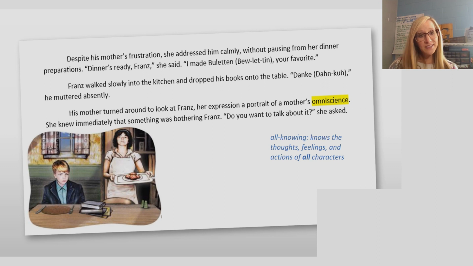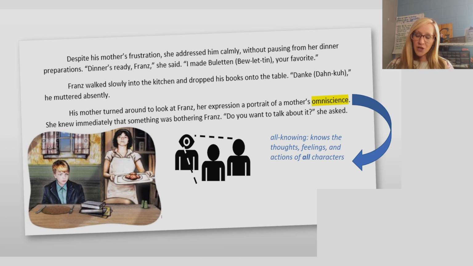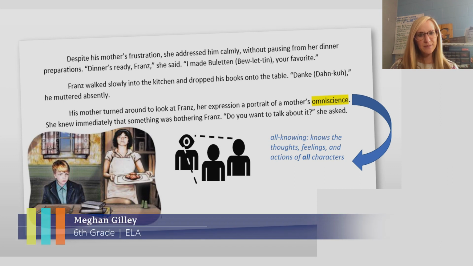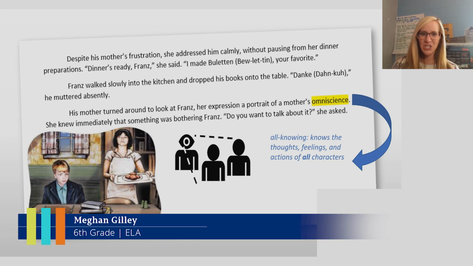Were you thinking about the lessons you've had on point of view? I was. Remember, third person omniscient point of view is when the narrator is all-knowing and knows all the characters' feelings and thoughts and actions. So I'm picturing that his mother's expression showed that she knew that Franz was upset. Does it feel like moms know everything sometimes? Let's continue.